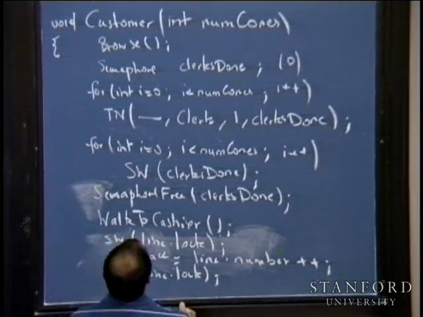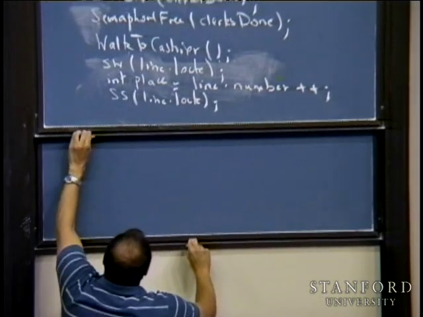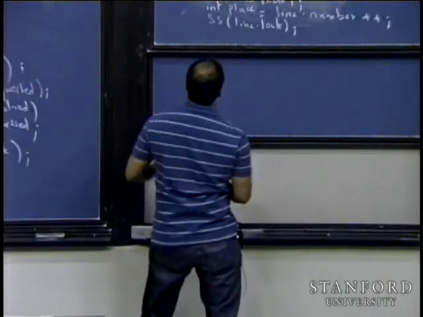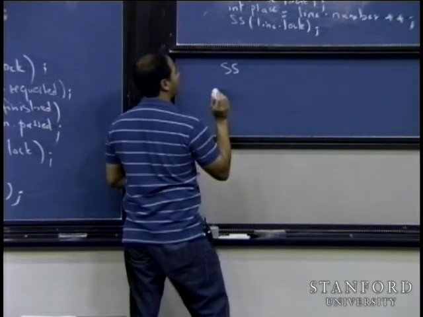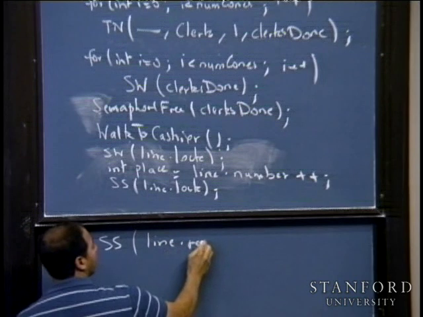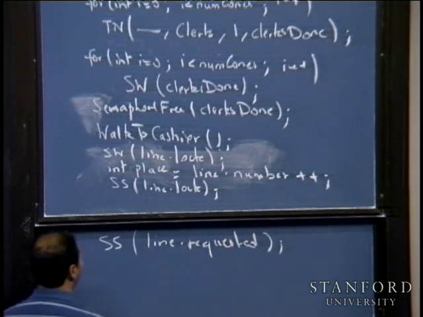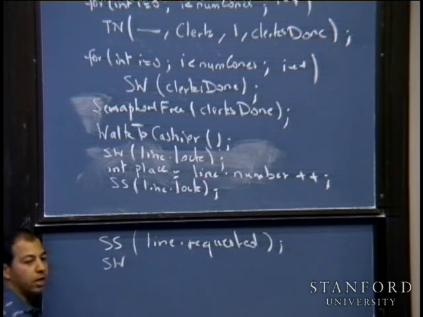And after you signal this lock, let me write it here. You want to signal to the cashier that you are requesting his service. So you signal line.requested. And then you want to wait until he handles your bill.